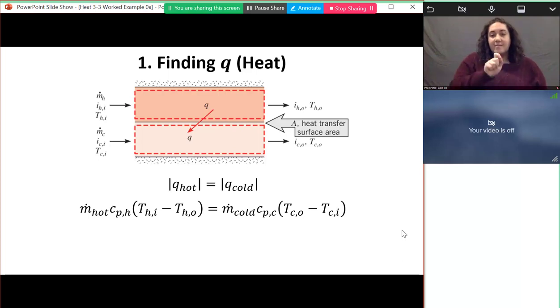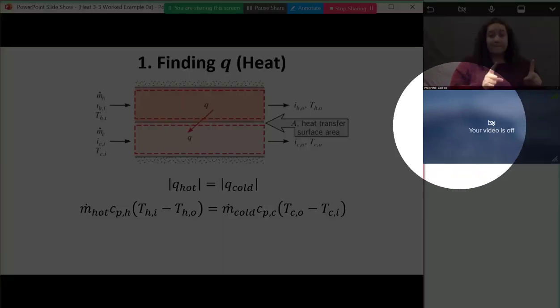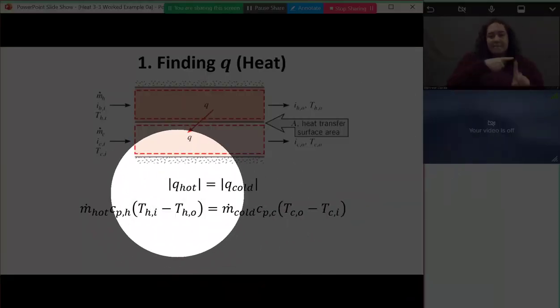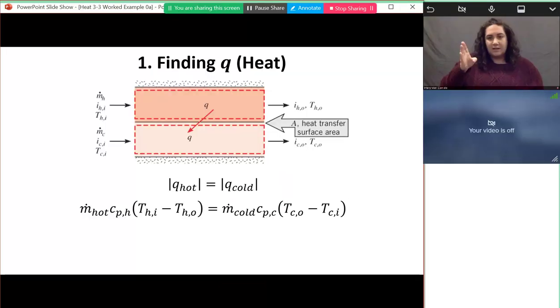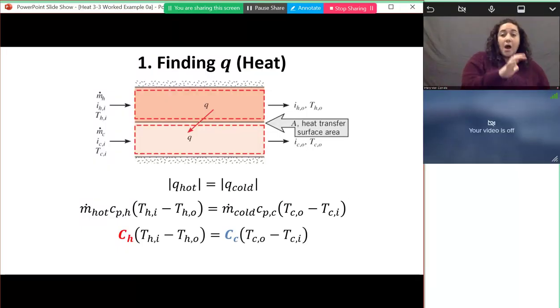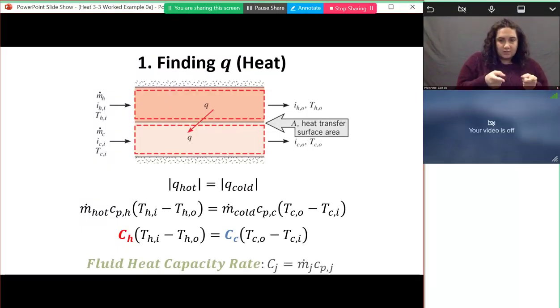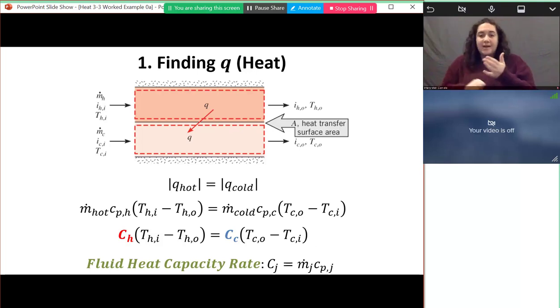So we know that the magnitude of these things is going to be the same on both sides. So I've made both of these terms positive by taking the hotter temperature minus the colder temperature in both of these brackets. In heat transfer, we talk about this fluid heat capacity rate, or capital C, and that capital C is going to be m dot times Cp. So we can write this same equation like this.